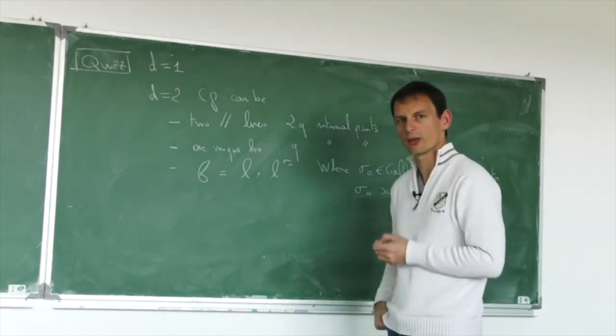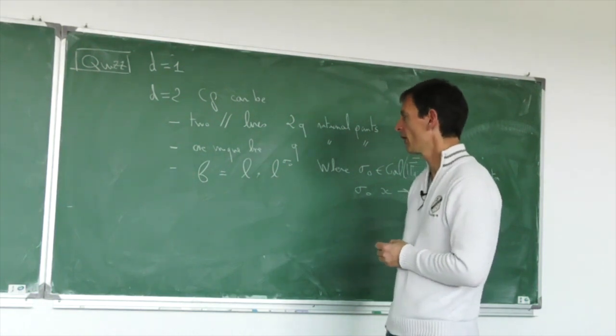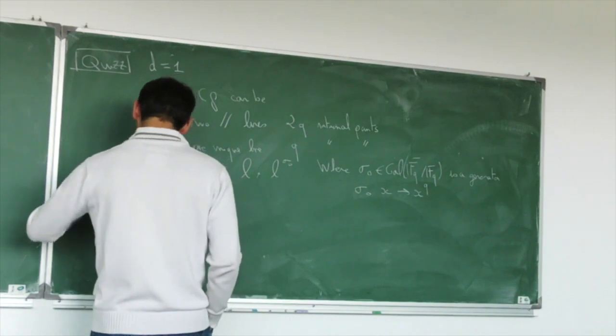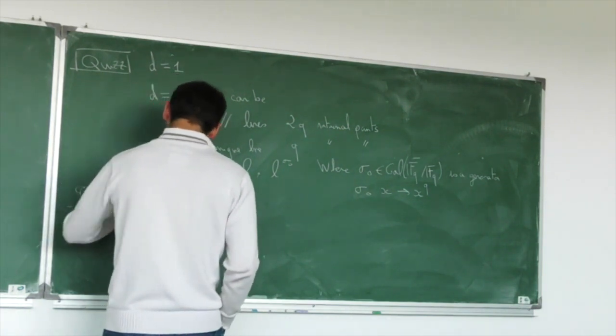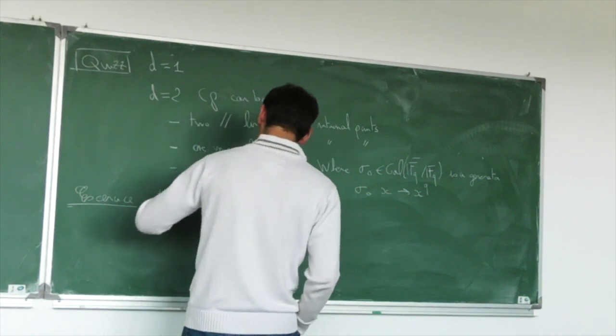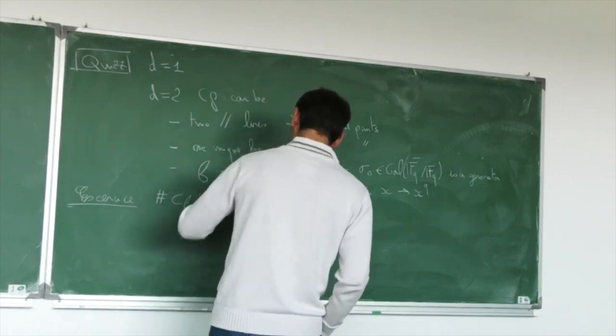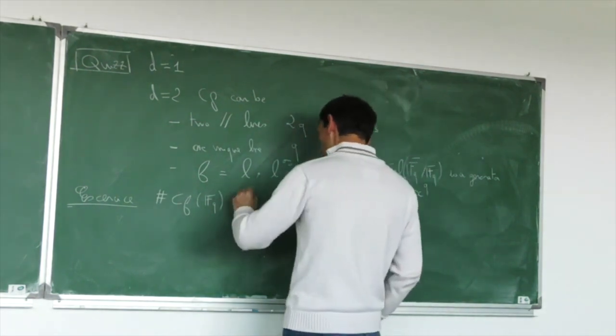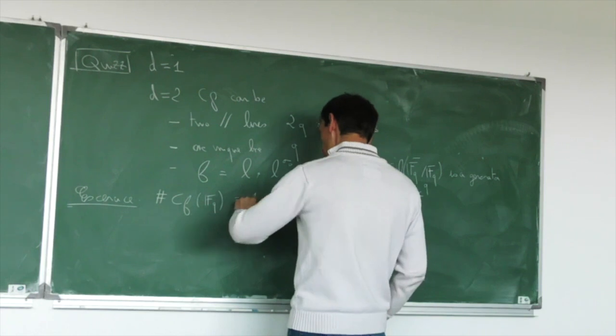So let's try to analyze how many points this can have. This is an exercise that you can try to do. Prove that the number of rational points on such a curve, well, this is not going to reach any record because it is 1.